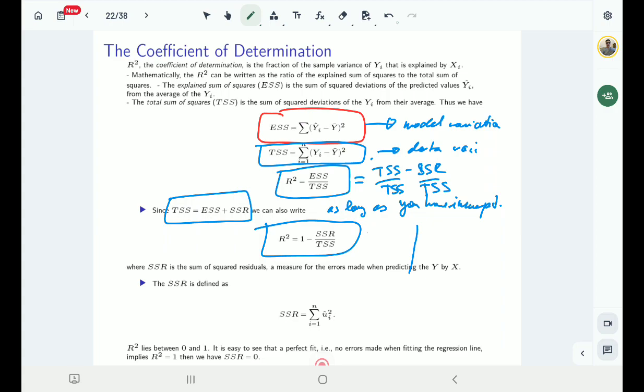so then we have yet another goodness of fit measure. I'm sorry, this was not the sum of square residuals, but the standard error of regression, that is closely related to the sum of square residuals, right?